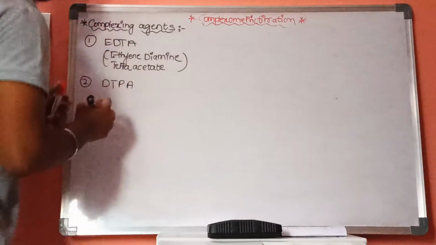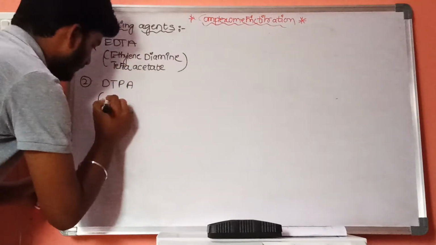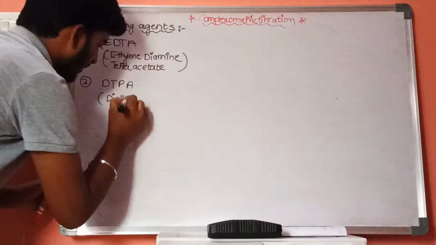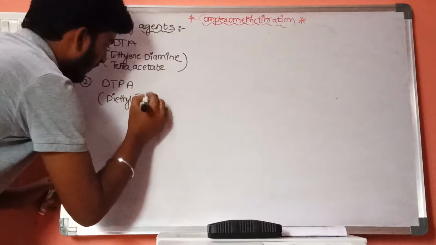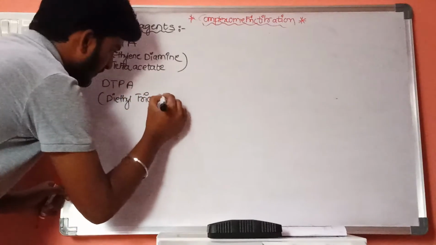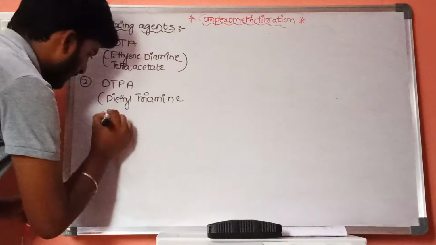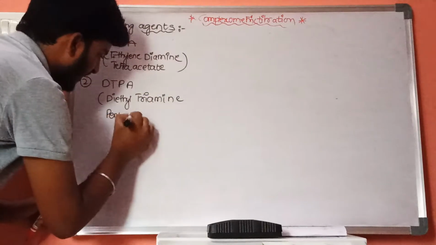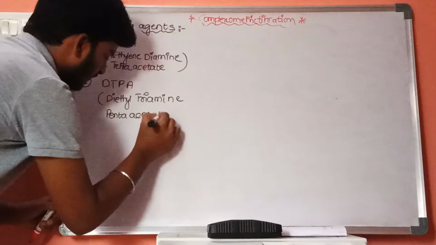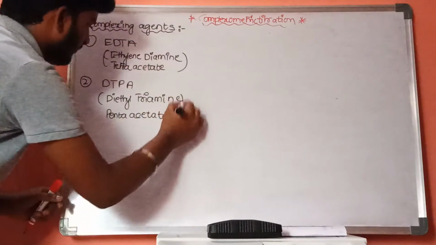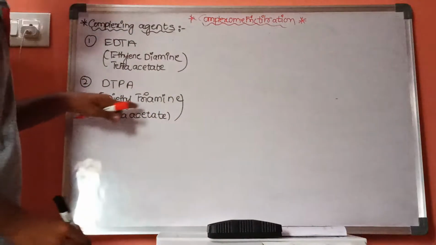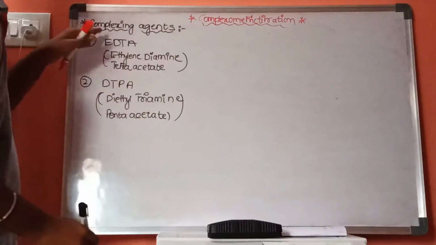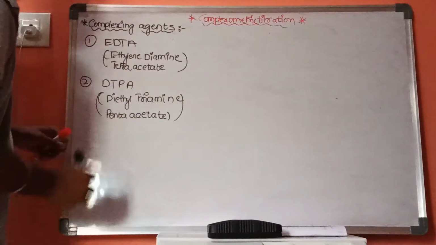Abbreviation of DTPA is diethylene triamine pentaacetate. This is EDTA and this is DTPA.